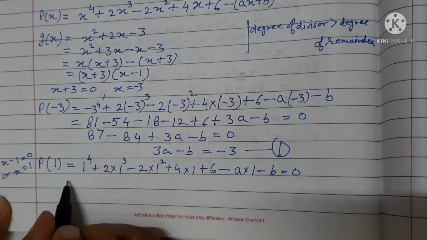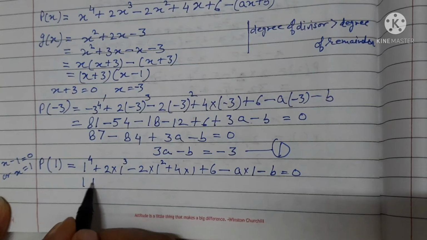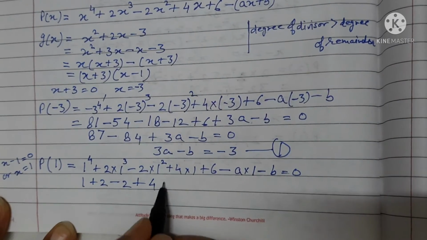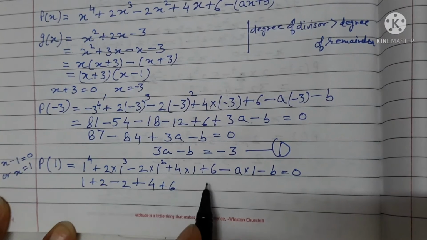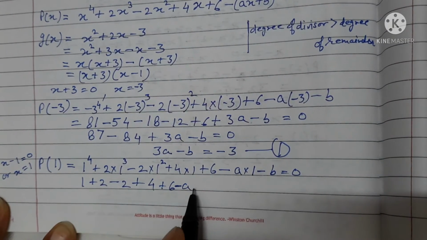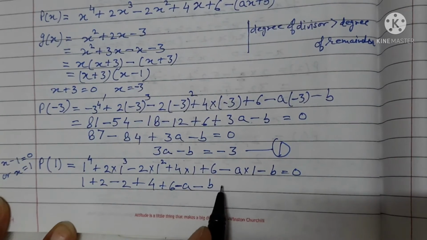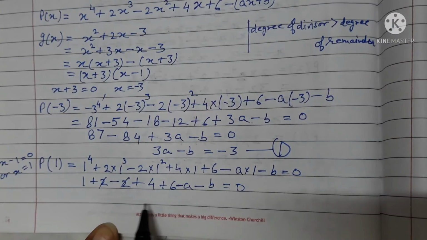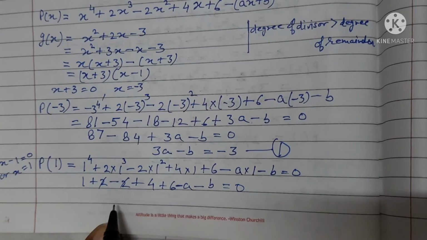So you will get 1 plus 2 minus 2 plus 4 plus 6 minus a and minus b is equal to 0. Plus 2 minus 2 cancels, 6, 4 and 1, 11.